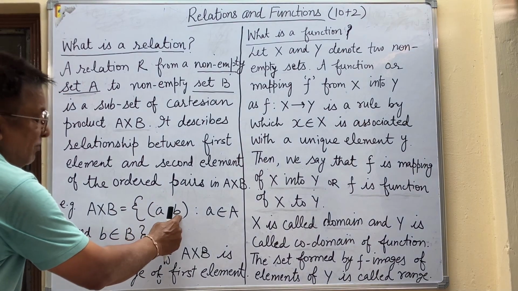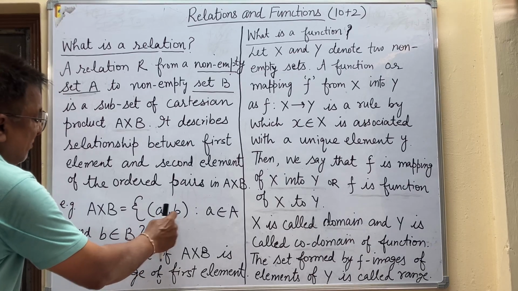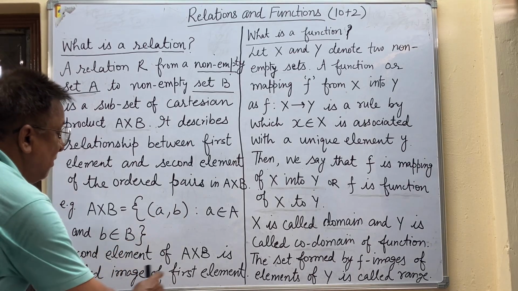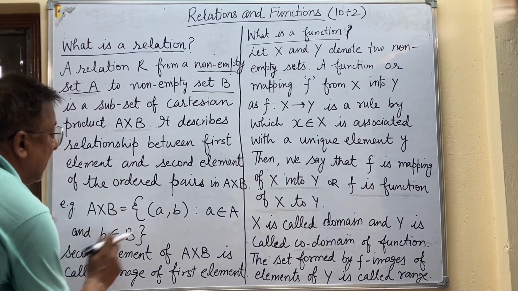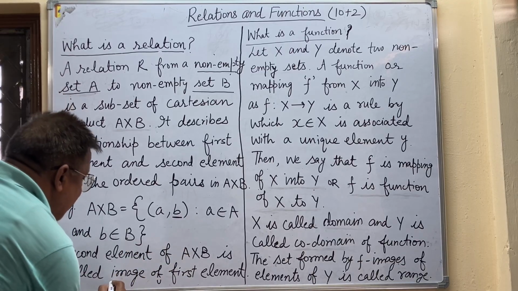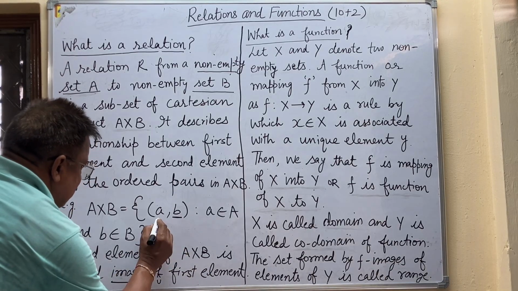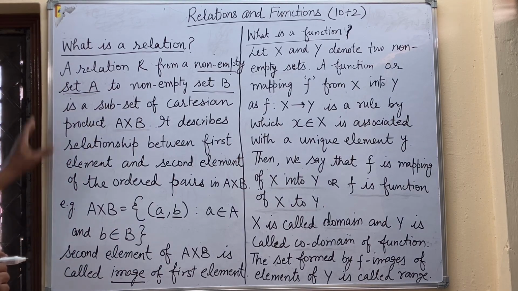A is brother of B. A is father of B. A is mother of B. These are all relations. Now in this case, the second element b is called the image of the first element, and the first element is a. This is related to relation.